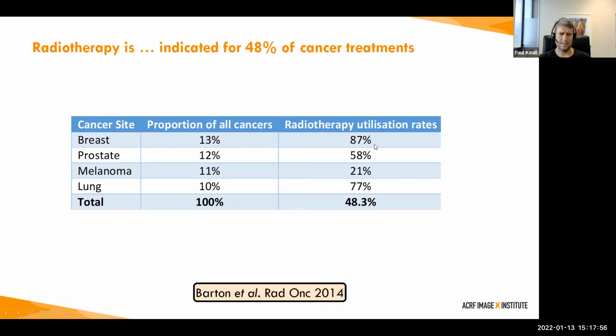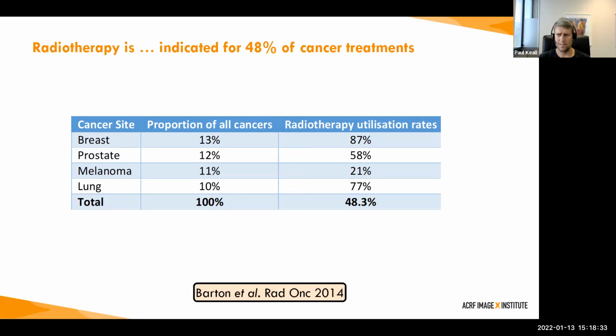The two most common are the most common in women. Breast cancer patients, almost every patient gets radiation therapy, and over half of the prostate cancer patients get radiation therapy. In Australia, melanoma is quite a common cancer as well, and lung cancer is the cancer that causes a lot more deaths than any other cancer, and radiotherapy is used for nearly 80% of treating lung cancer patients.